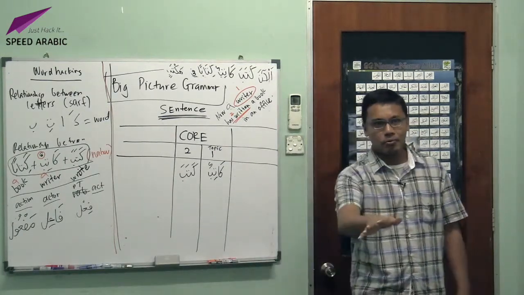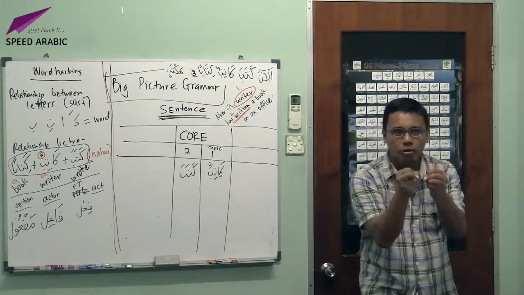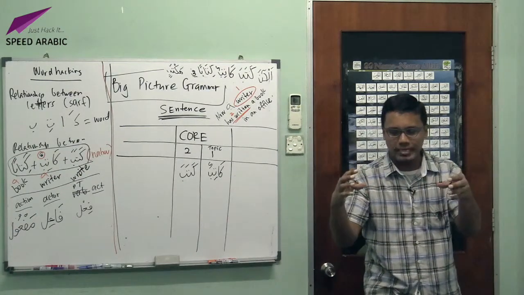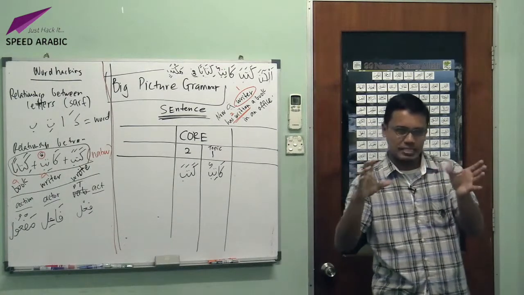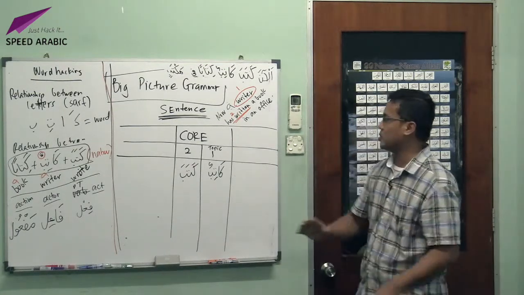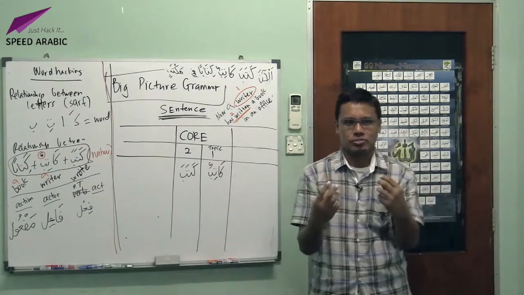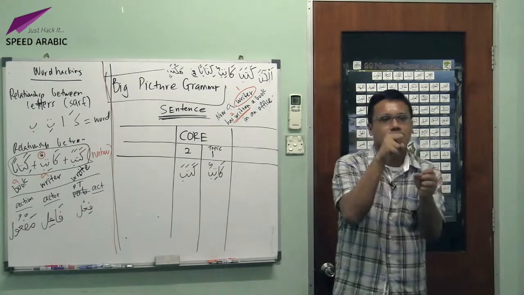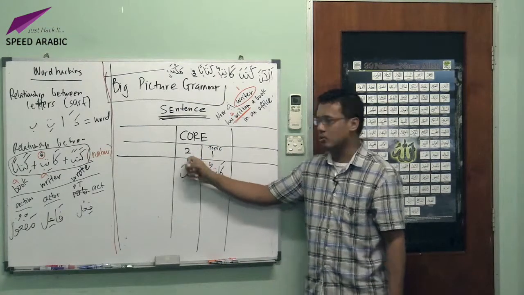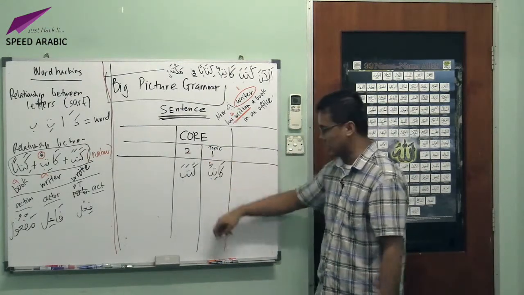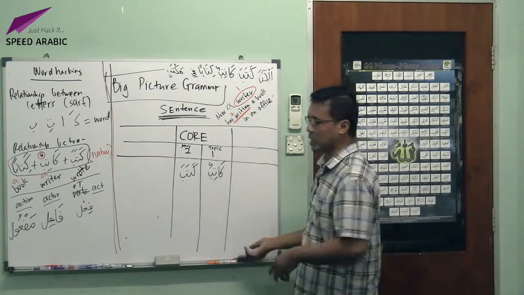When you do i'rab or anything else, what you want to do is find the core, the topic, because Arabic is a complex language, not difficult but complex, because it is layered. So when you read a verse and you get lost, you need to find the topic and the story. If you could call it the story, you want to find the topic and the story.